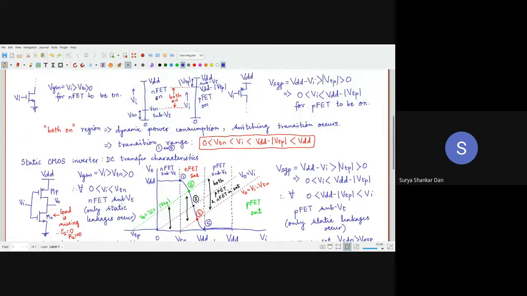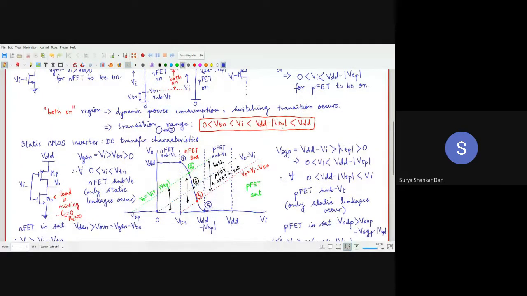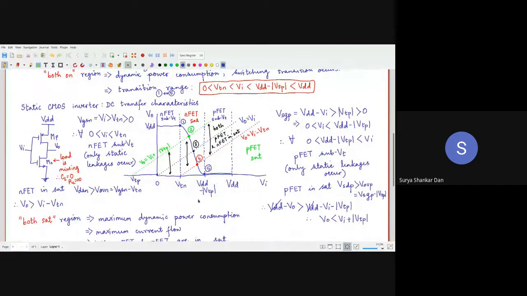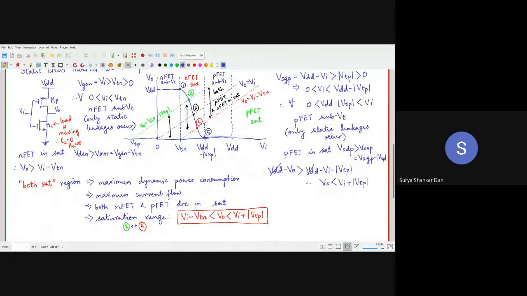Understood everybody? From 1 to 5 is the transition range, 2 to 4 is the saturation range. The saturation range is the part when both the transistors are in saturation, and it is going to consume the maximum power. So when we are concerned about reducing the power consumption of the inverter, we should work between 2 to 4.